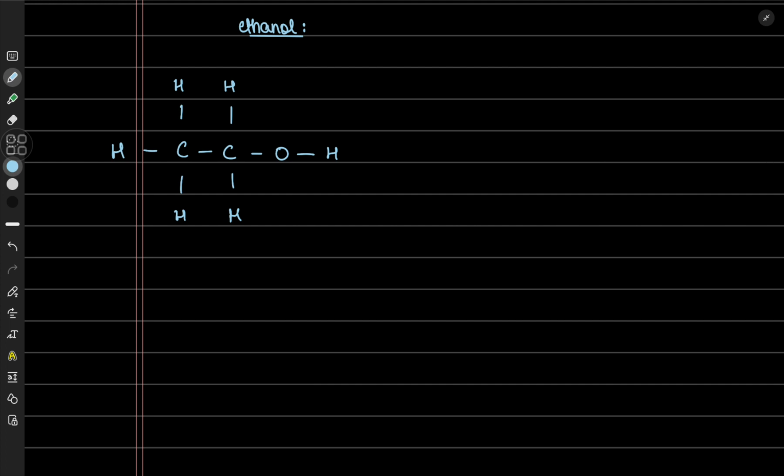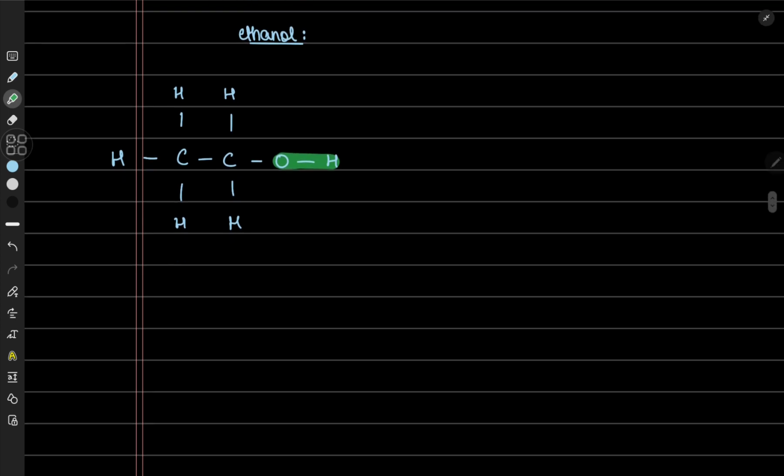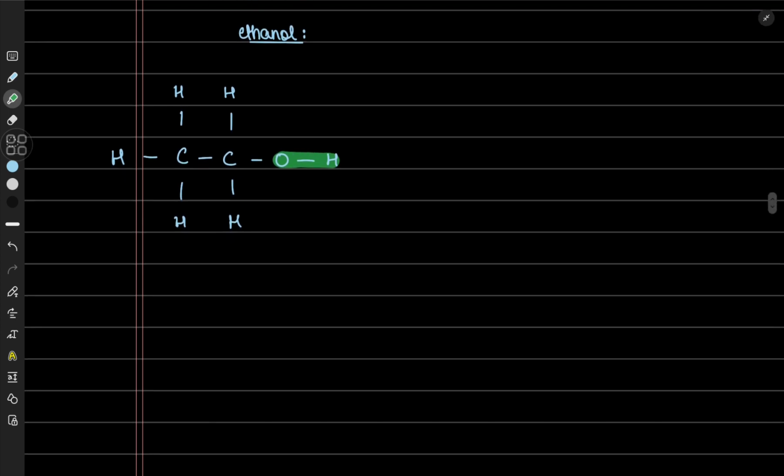But the very important thing to note here is that some students simply write the OH as OH without the bond between oxygen and hydrogen. You need to show it in the displayed formula. In displayed formula, all bonds between all atoms are shown. And this is known as the displayed formula.